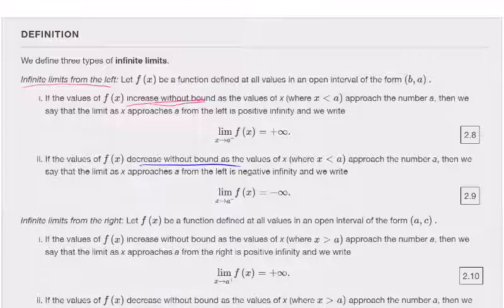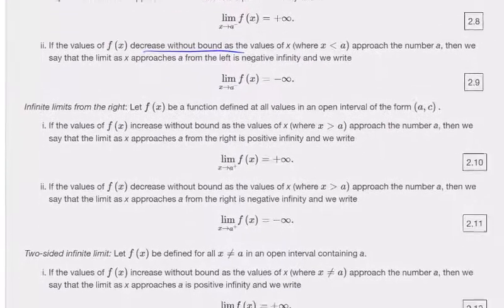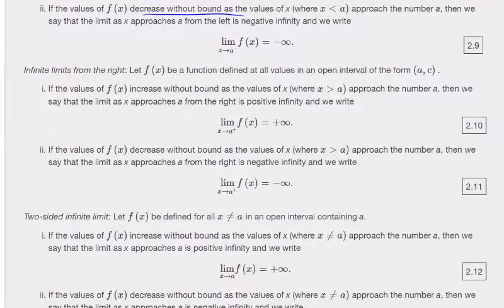If they keep getting more and more negative, there's no boundary, no leveling off, then that'll be negative infinity. Same thing from the right. You can have values that increase without bound as x approaches a certain number from the right, and that means the limit will approach positive infinity. And if they decrease without bound coming from the right, then that would be negative infinity.